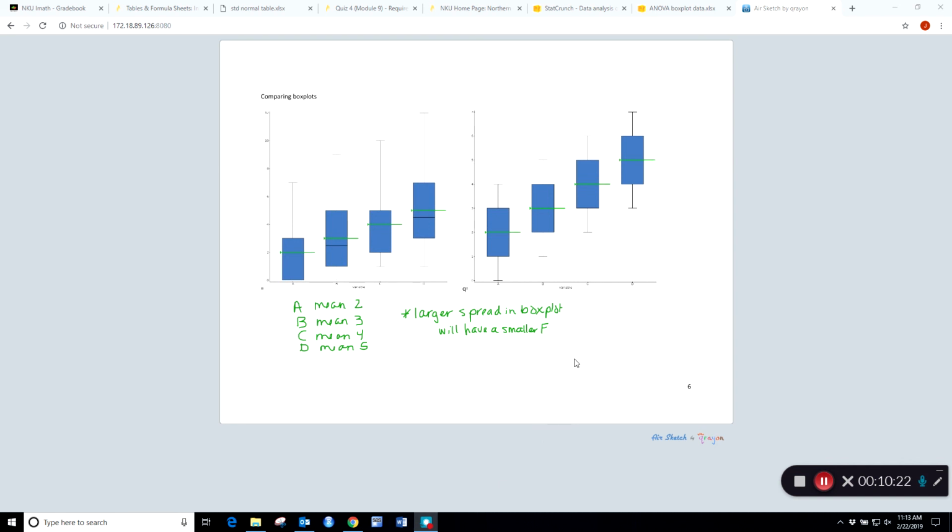So that's how box plots were helpful in determining what our F statistic would be. So that covers what I was doing with box plots for this video.